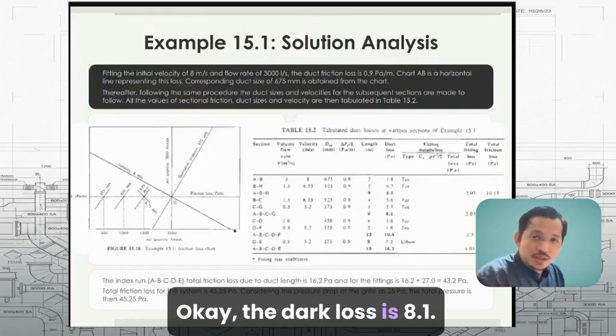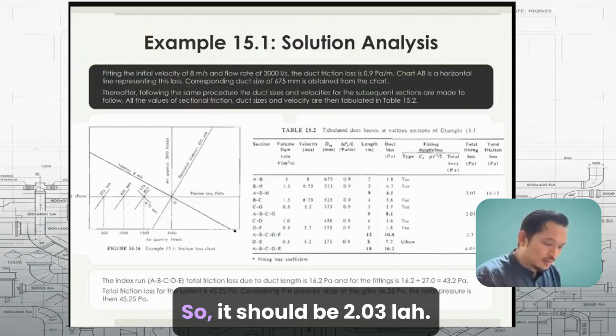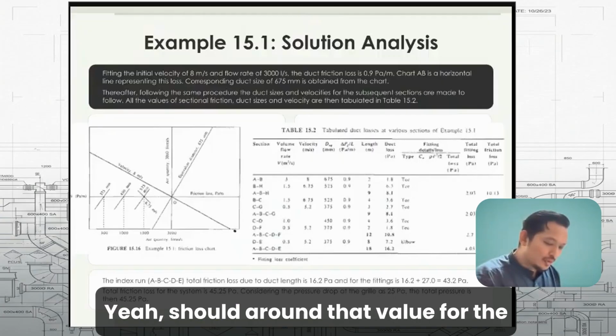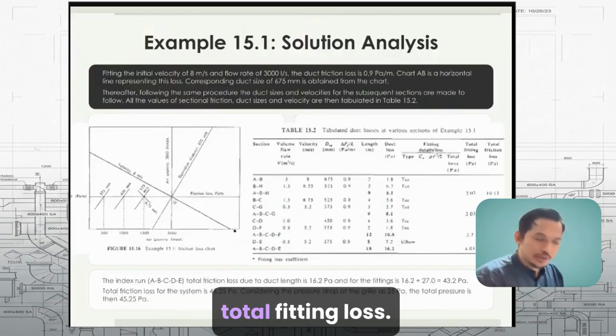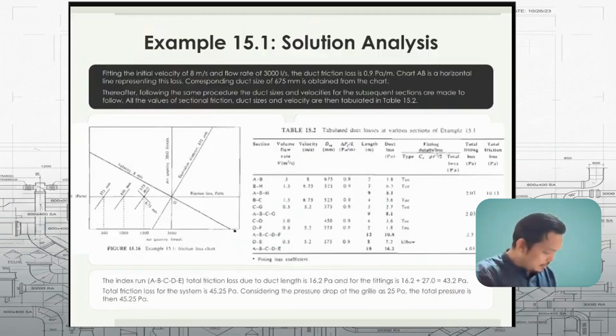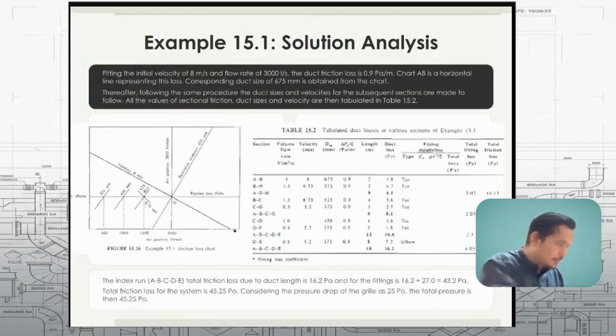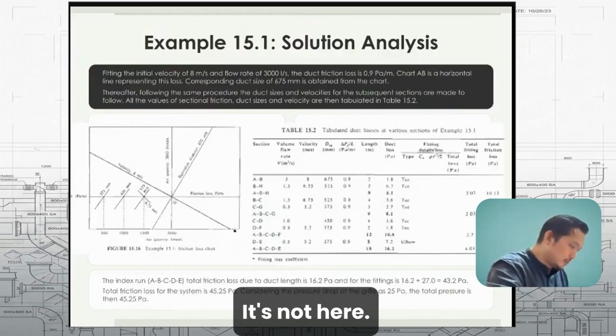Okay, the duct loss is 8.1. So 8.1 divided by 4, it should be 2.03. Yeah, around that value for the total fitting loss. Where does it say quarter? It should be mentioned somewhere. It's not here.